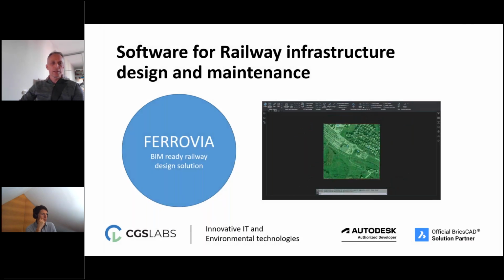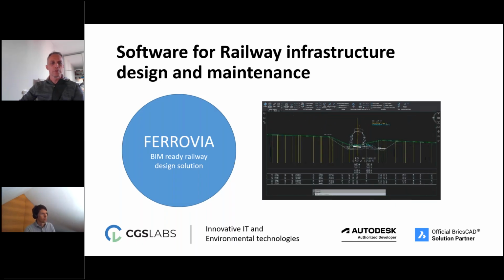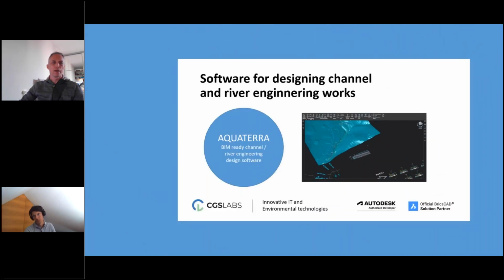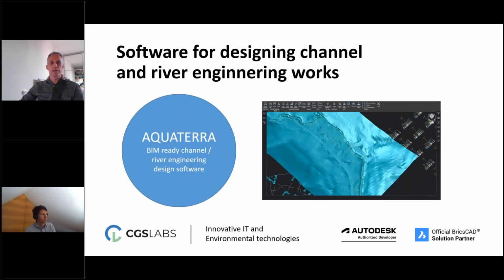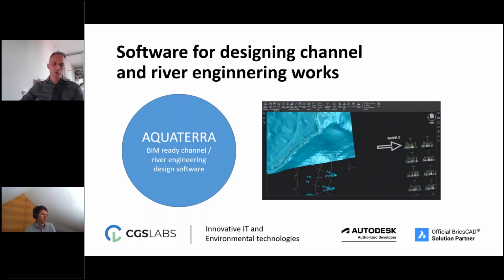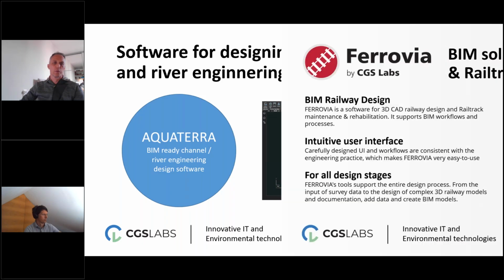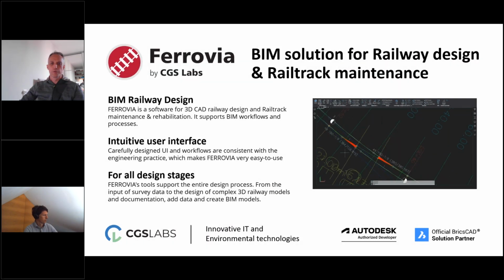In the railway design, we feature Ferrovia software, which is again a comprehensive BIM-ready railway design solution. And then, as mentioned, for channel and river engineering works design, we have Aquaterra BIM solution. And today, we will focus on software Ferrovia.